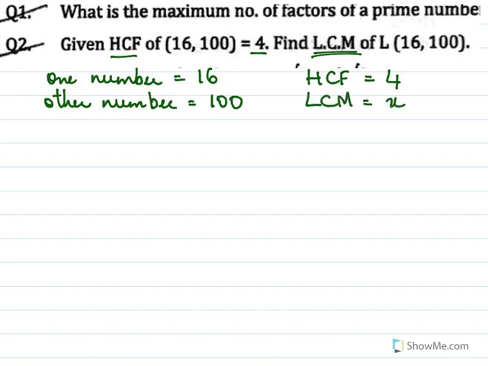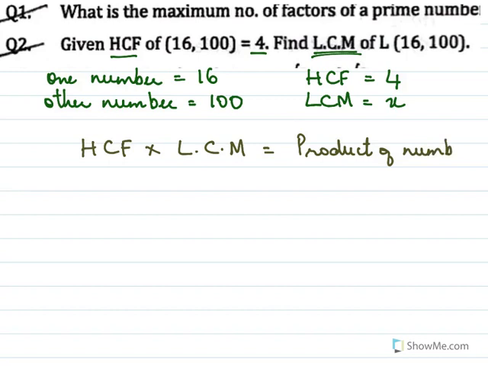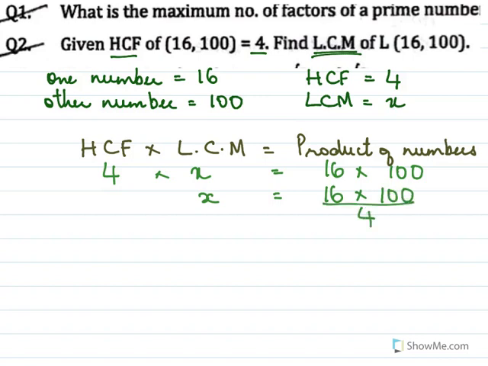LCM, say, is X, and we know the formula: HCF into LCM equals the product of the numbers. HCF is 4, LCM is X, numbers are 16 into 100. So X equals 16 into 100 over 4, and this is equal to 400. So the LCM equals 400.